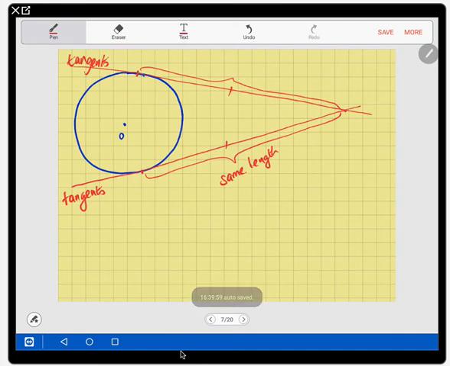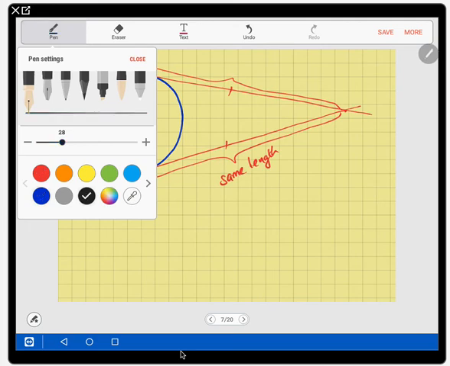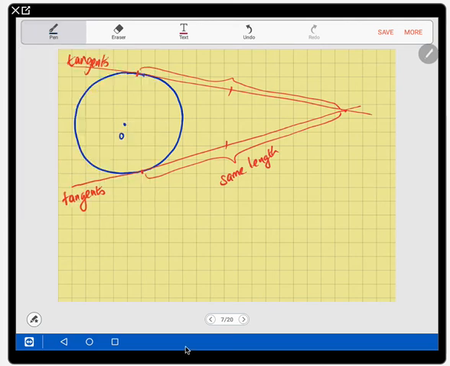Also, what we will find is from the center, if I join that tangent point here, this angle will be 90 degrees.